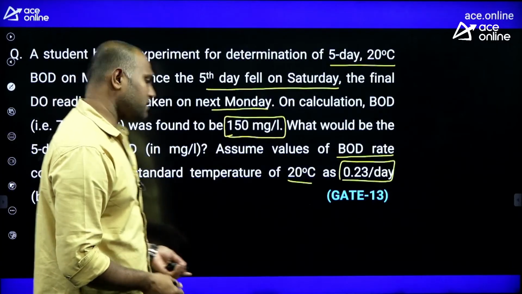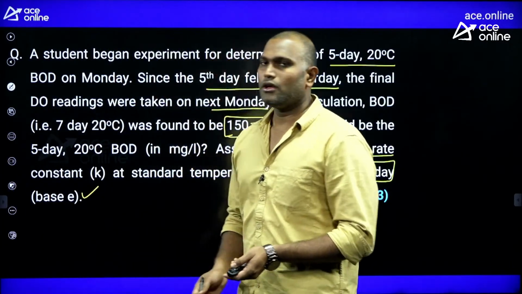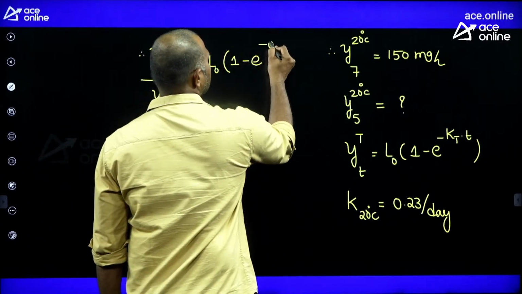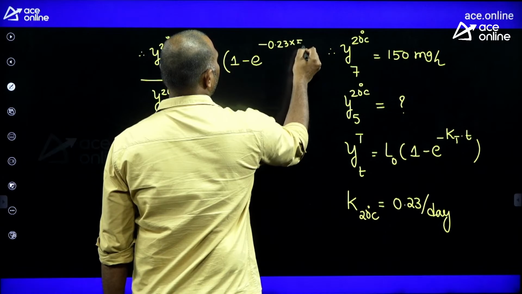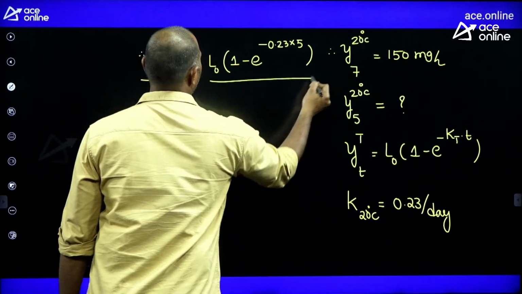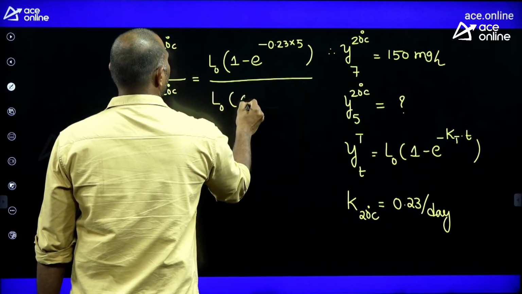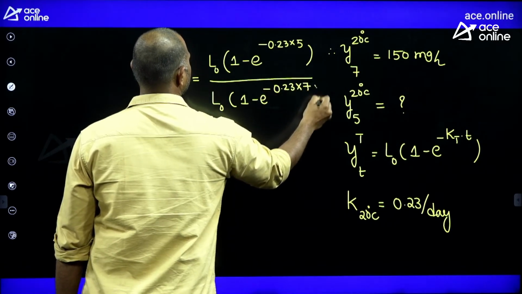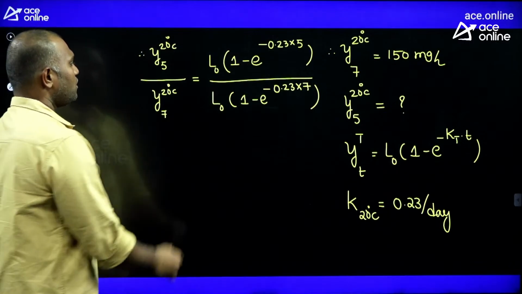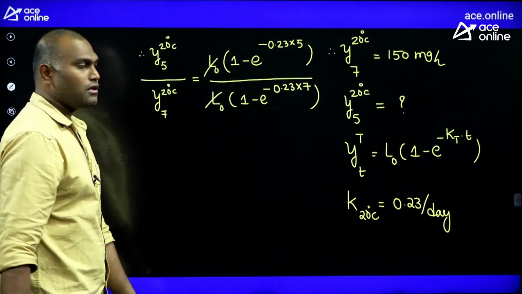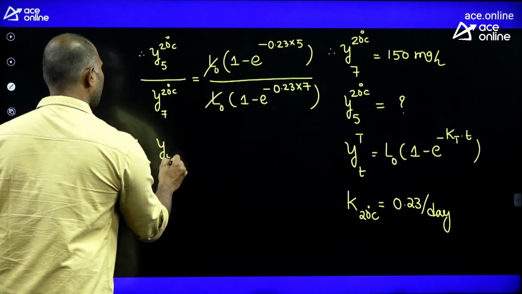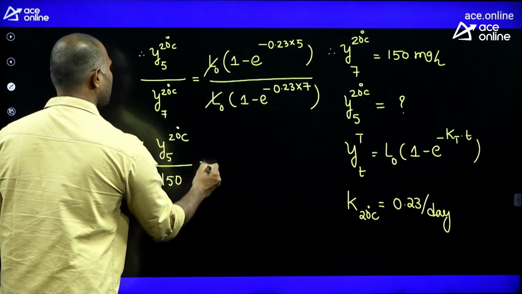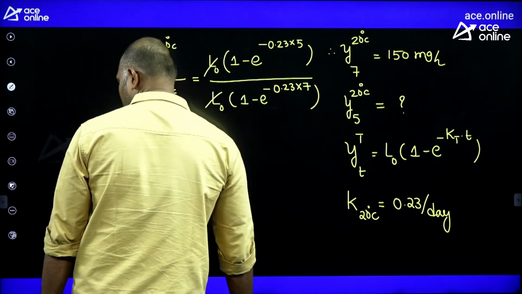They have clearly mentioned base e. So as it is base e, e to the power of minus 0.23 into how many days? 5 days. By L naught into 1 minus e to the power of minus 0.23 into how many days? 7 days. So L naught will get cancelled. I want the 5-day BOD at 20 degrees centigrade. What I got is 150, equal to this value you need to calculate.